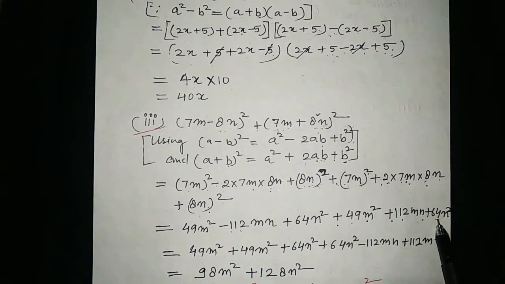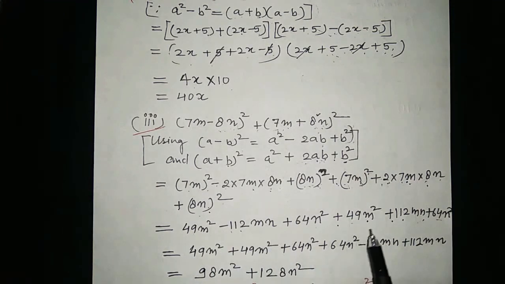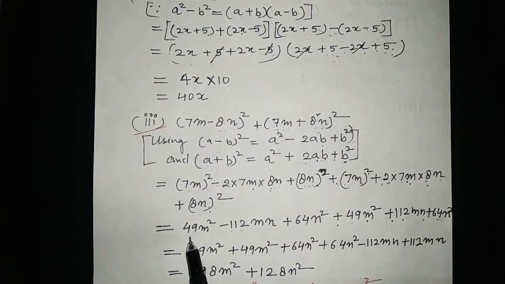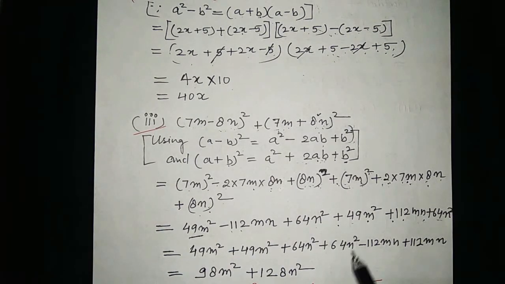For (8n) whole square we will write 64n square. Now we will write all the like terms together. Clear? We will collect them. Here 49m square. After this 49m square, which term we can write? This 49m square we can write.